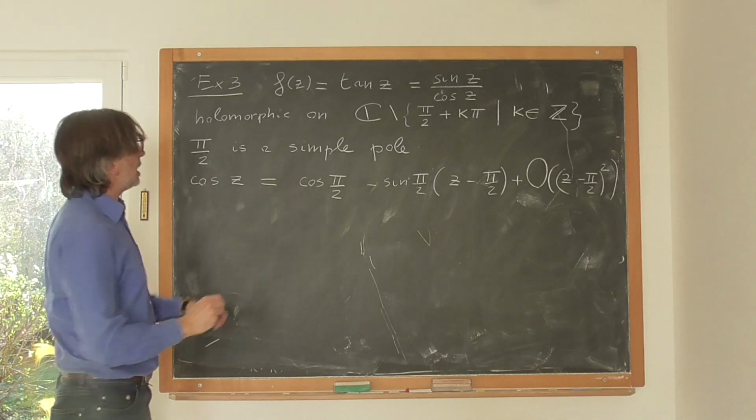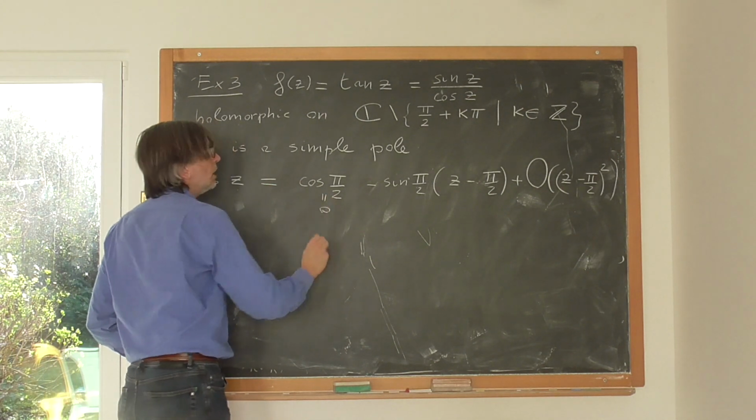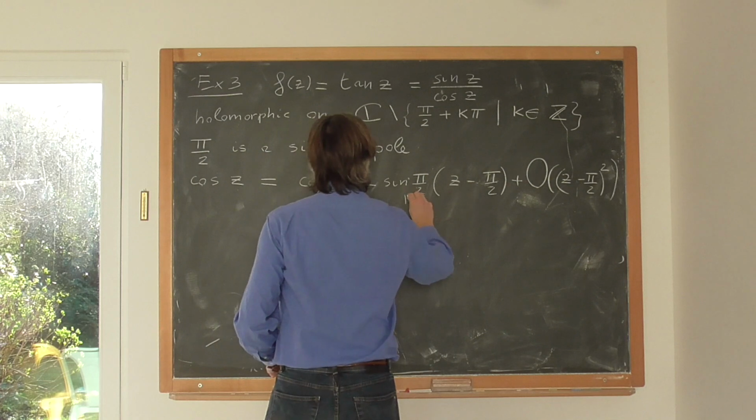And here cosine of pi half is 0 and sine of pi half is 1.